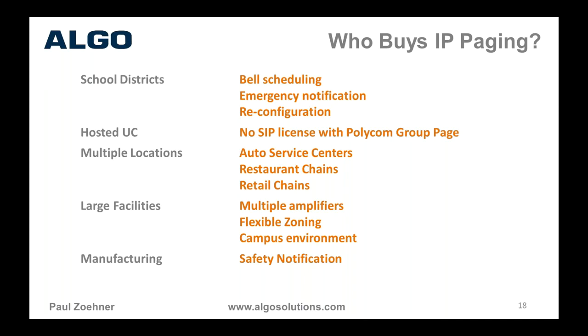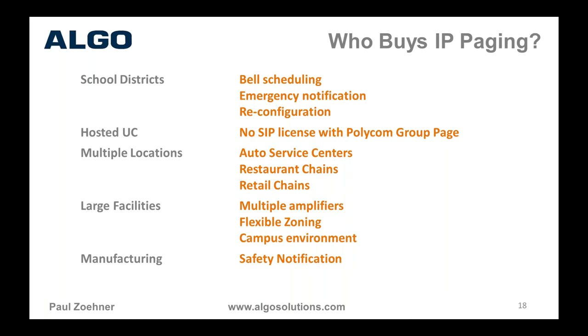And in manufacturing, a lot of it's driven by safety notification. It could be medical related, it could be security related. This is driving a lot of organizations lately to up their game when it comes to being able to alert their employees, guests, visitors, clients of some type of an issue, weather related or whatever it happens to be.